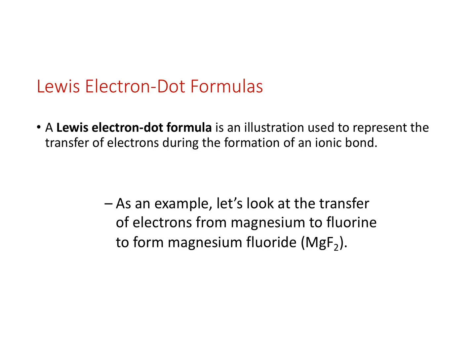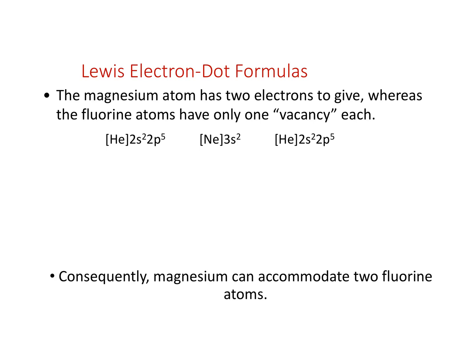Let's take a look at the example of magnesium fluoride, the formation of magnesium fluoride. Let's use Lewis electron dot symbols to help us understand and demonstrate the reactions taking place. So for magnesium fluoride, I'm going to have magnesium. Magnesium is neon 3s2, so magnesium has 2 valence electrons.